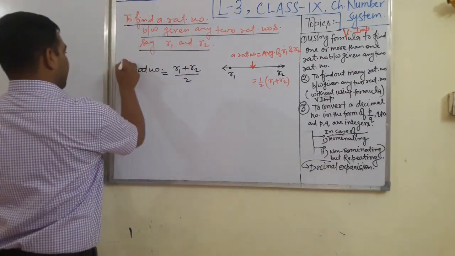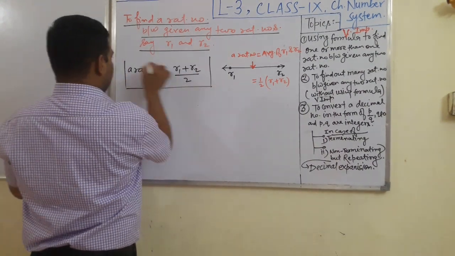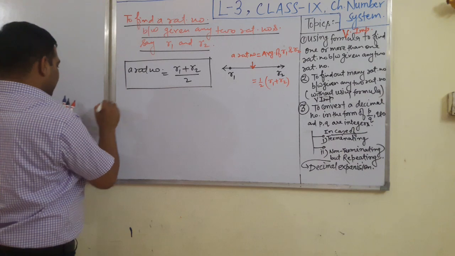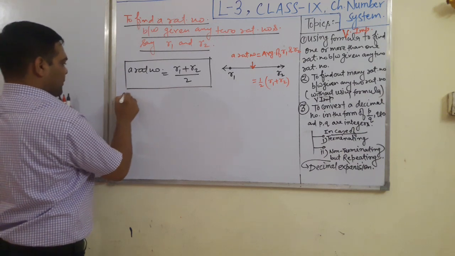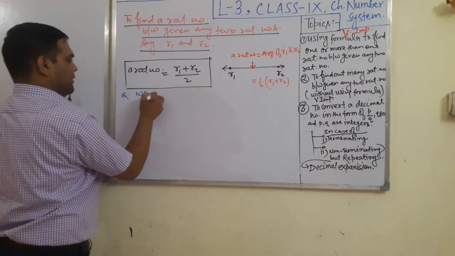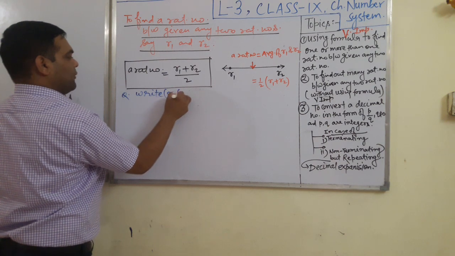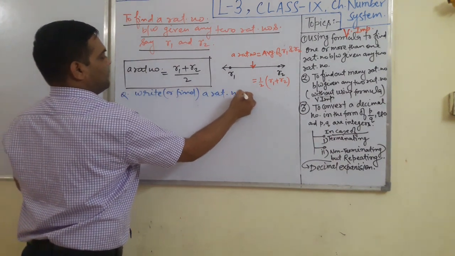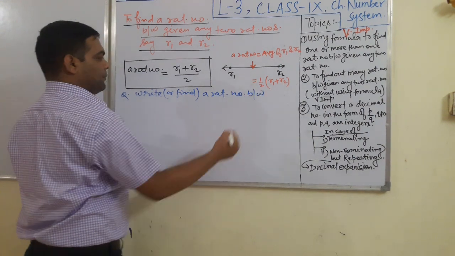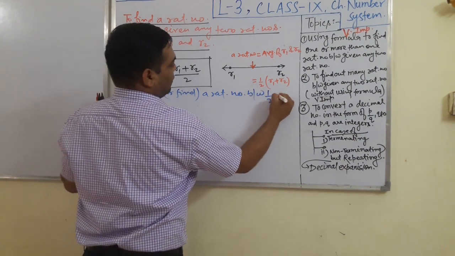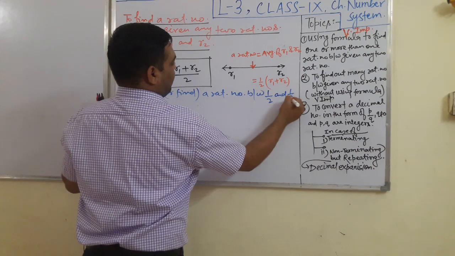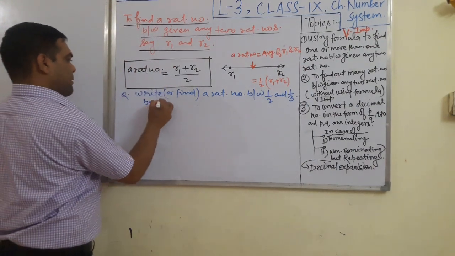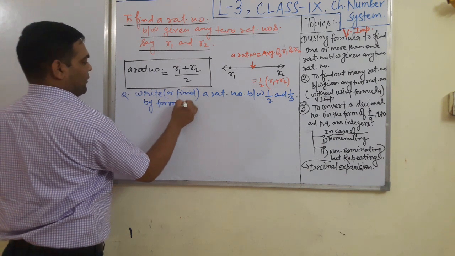See, students, one example based on this formula. Question is, find a rational number between 1 by 2 and 1 by 3 by formula.